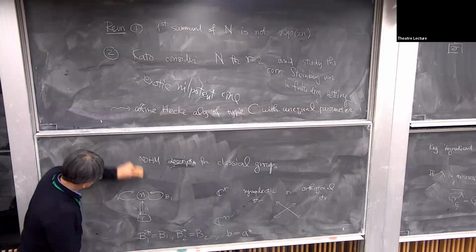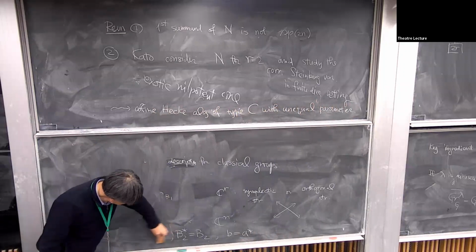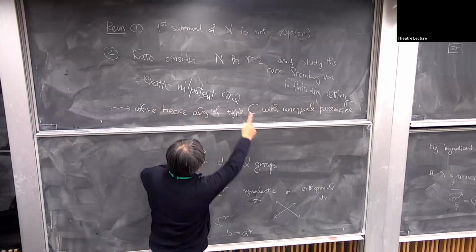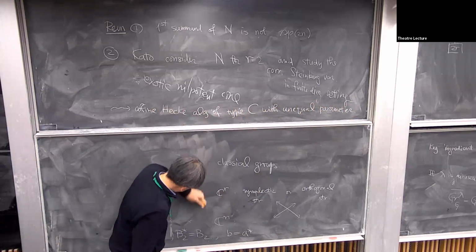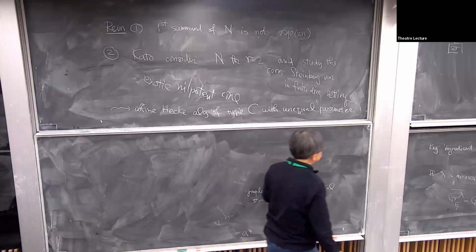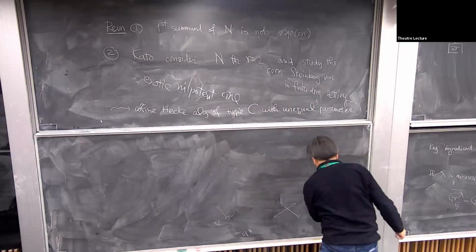So I think this is a good sign. And in fact, Kato himself already studied something very similar to the infinite dimensional situation. He studied and he pointed out some possible relation to C-check C.